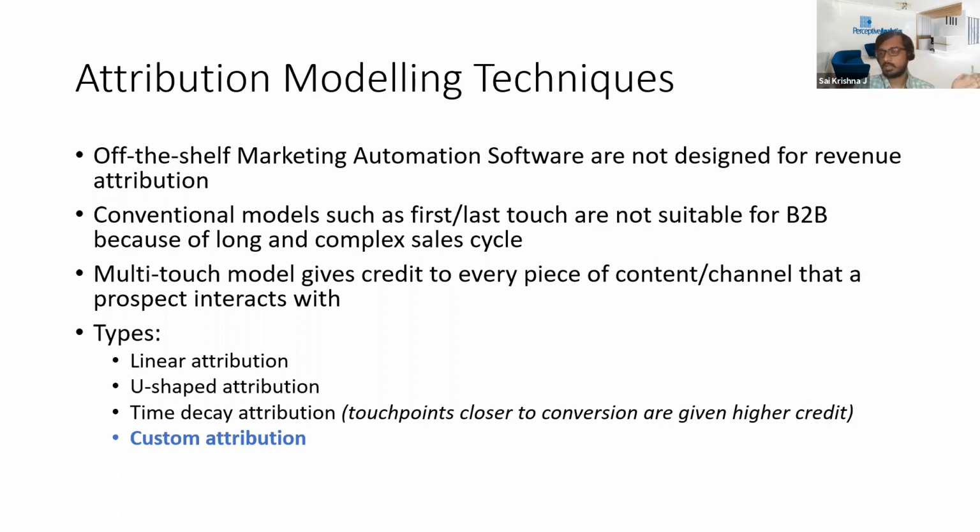Typically the B2B sales cycle spans a period of a few months or a little over a year. So that is where we said we need a multi-touch attribution model, and this is of 4 types: linear, U-shaped, time decay, and custom attribution model.